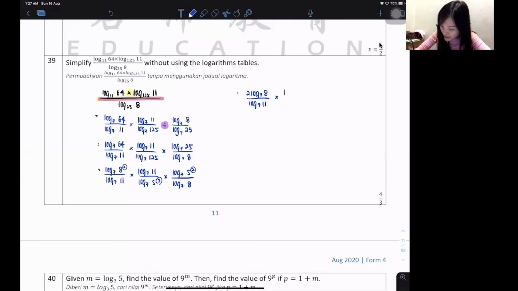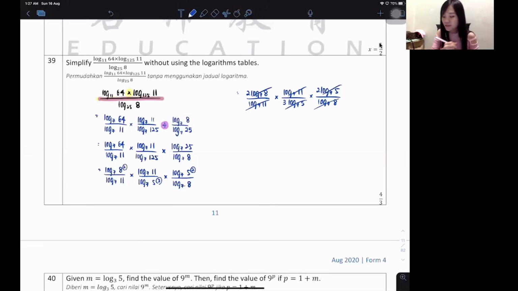You see, my dear, after all, do you realize this question can actually use the cut method? Because we use the cut method, that's why just now I said it is not important for you to change to any particular base. Why? Because at the end, you will cut it off. So this particular magical moment: log 7 of 11, log 7 of 11, cut. Bye-bye. Log 7 of 8, log 7 of 8, cut. Bye-bye.